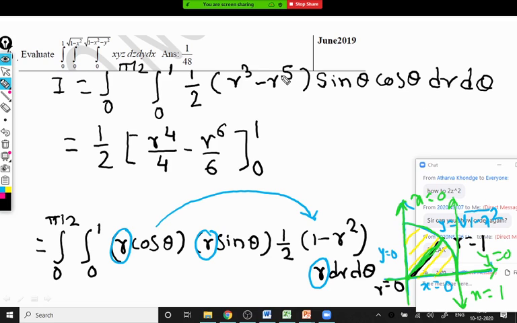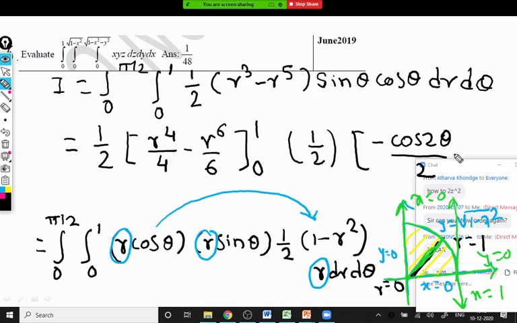We multiply by 1 by 2, so there is 1 by 2, and the integration of sine 2 theta is minus cos 2 theta upon 2, from 0 to pi by 2. This is 1 by 2 sine 2 theta, so 1 by 2 is here because we multiplied and divided by 2. The last step is to put in the upper and lower limits. You should get the answer 1 by 48.